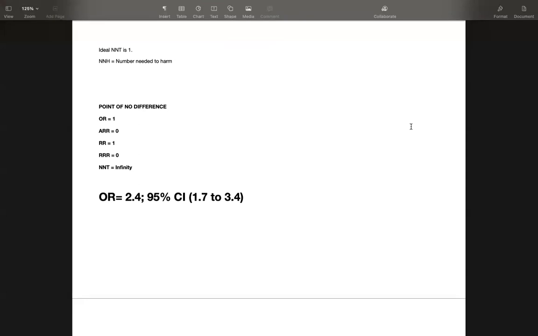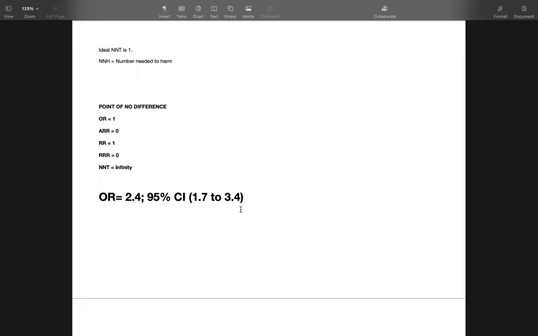Why is it important to know about the point of no difference? For example, you have read research articles, and there you have seen these things. Like they have written odds ratio is equal to 2.4 with 95% confidence interval 1.7 to 3.4.